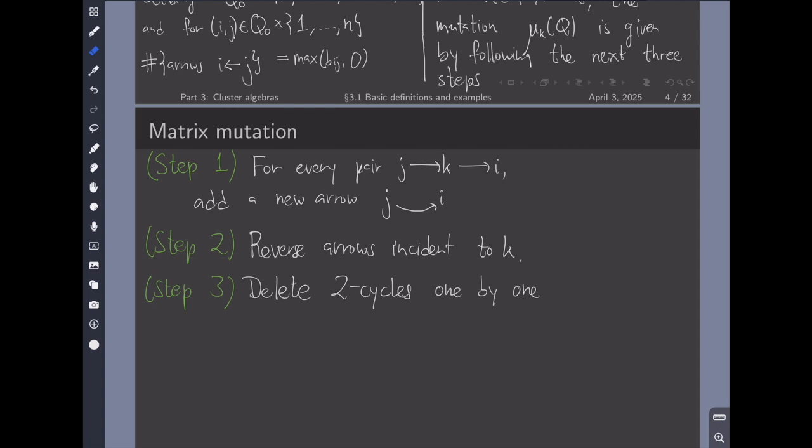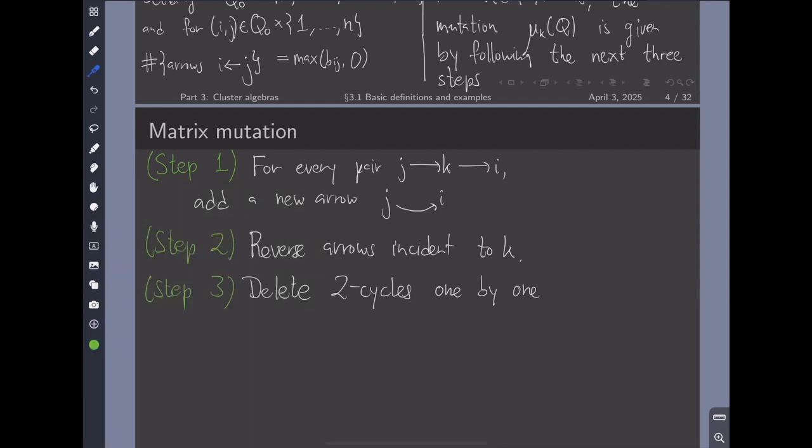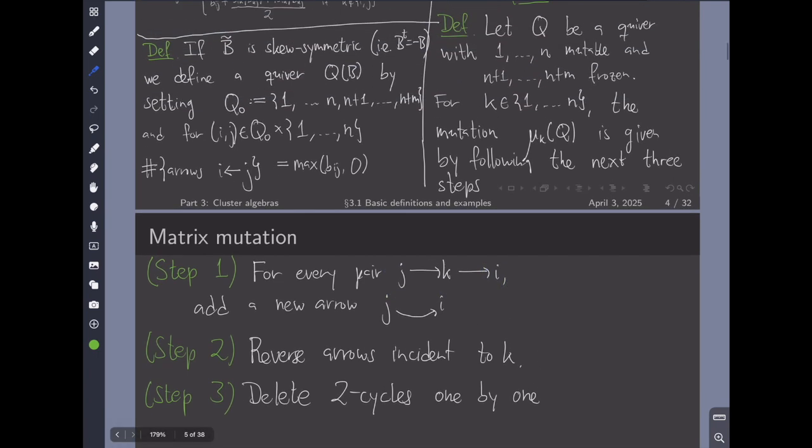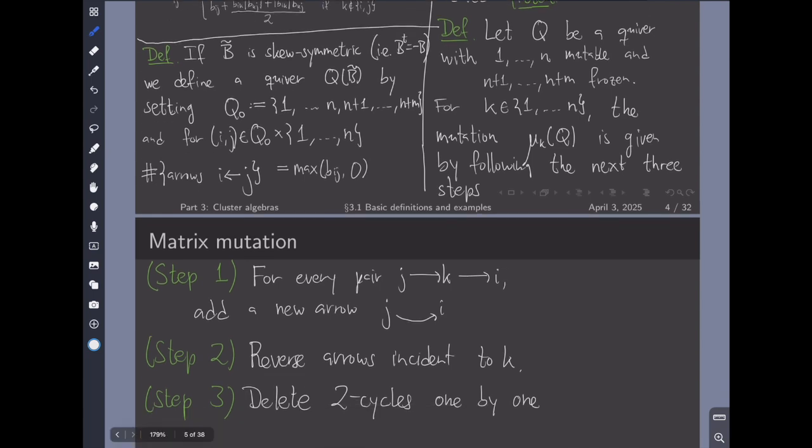So that's what several authors say. And then the 4th step. You see the point is that also in the first step, if both j and I were frozen, I could have created an arrow. But when I define the quiver Q of B tilde, the quiver doesn't have arrows between frozen ones because the matrix itself doesn't see those arrows.